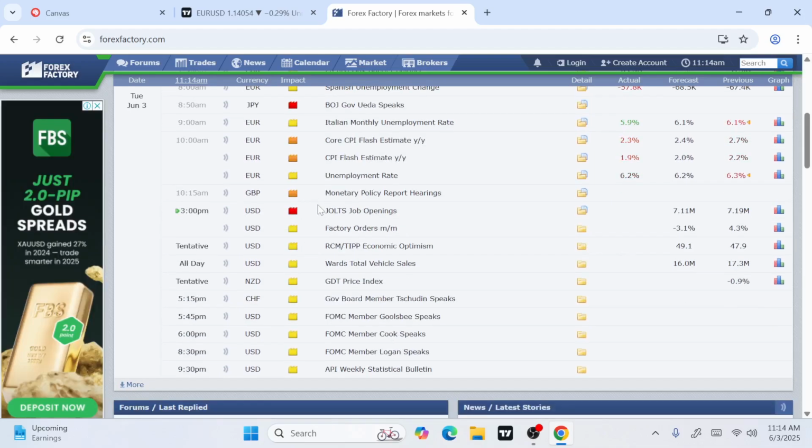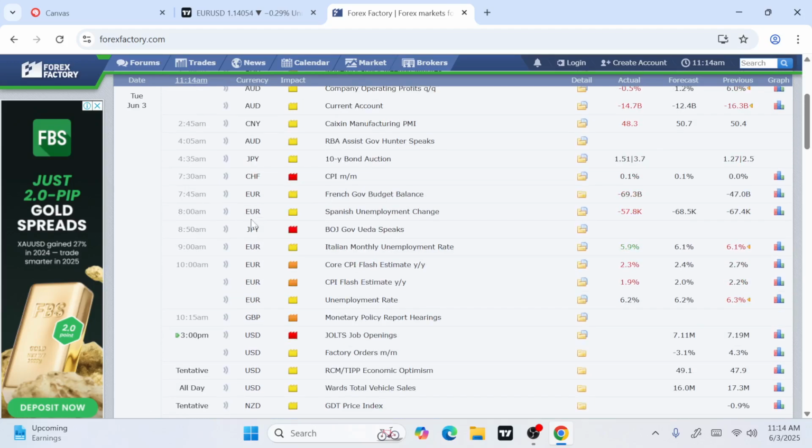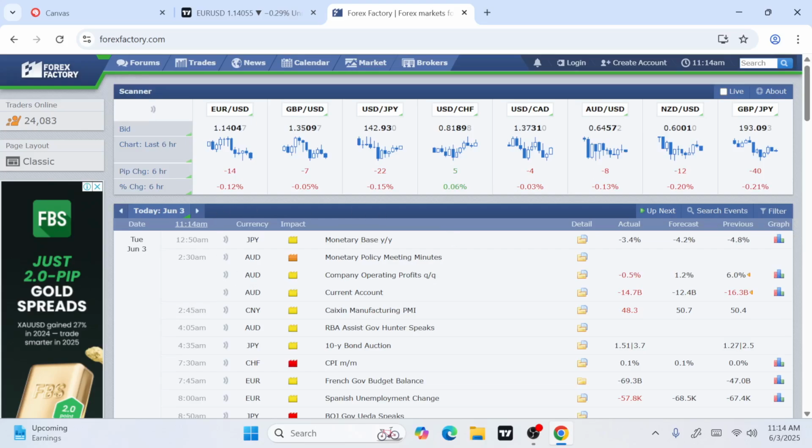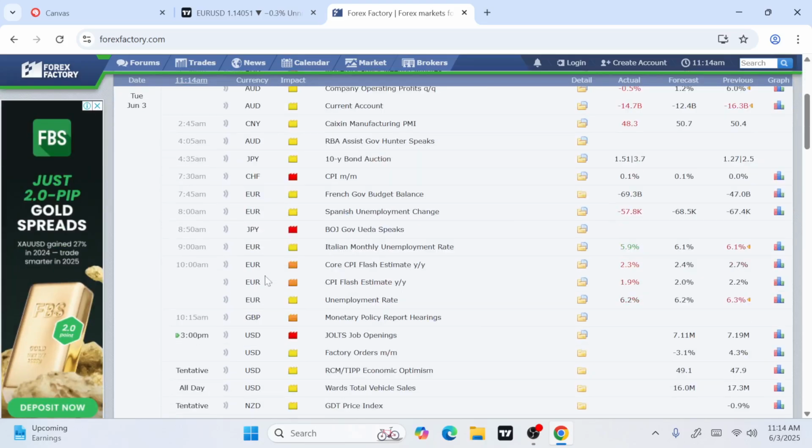USD. So whenever I come to Forex Factory to check on news, I check on USD and AUD, because that is the currency I'm dealing with. So if you are trading AUD USD, there are news for AUD too. Do you get it now?